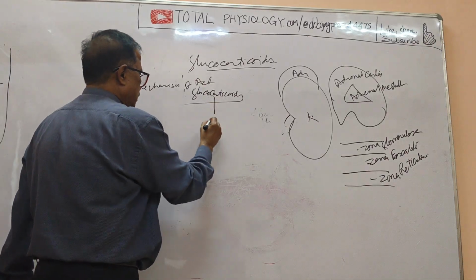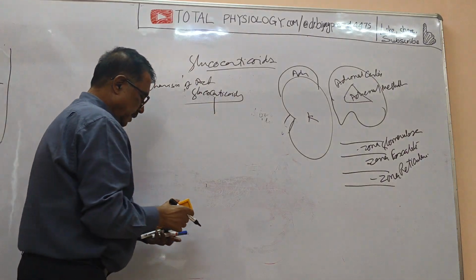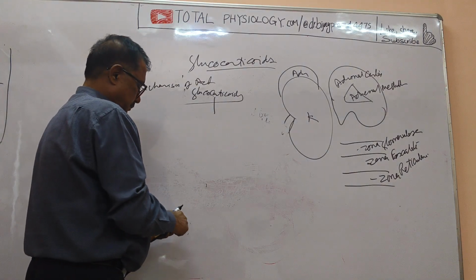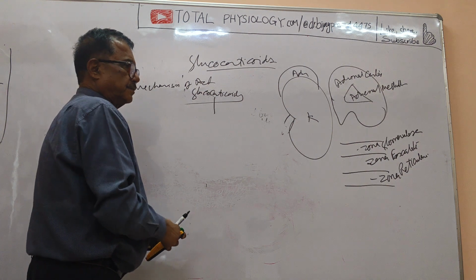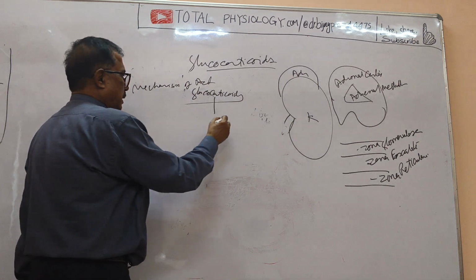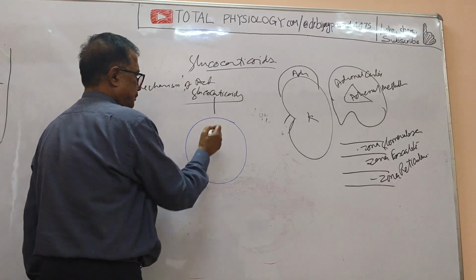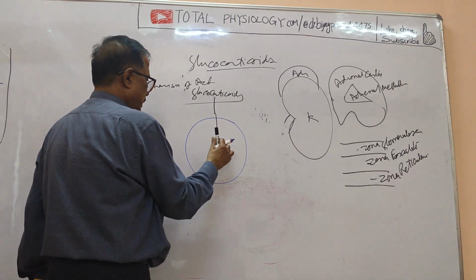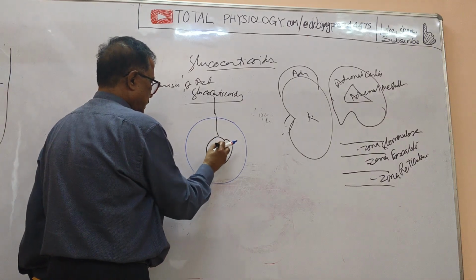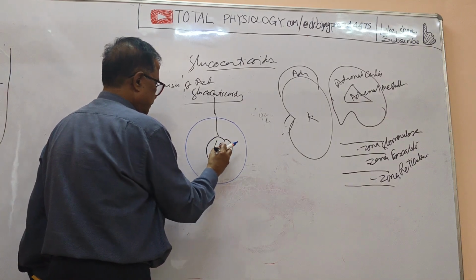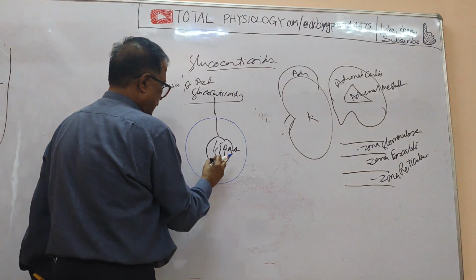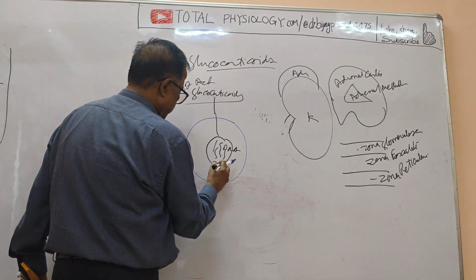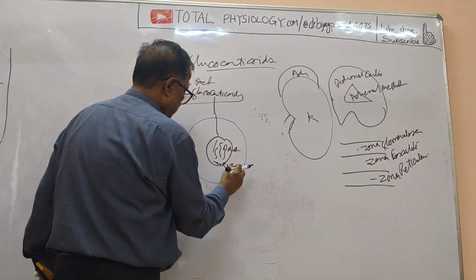Glucocorticoids, being steroid hormones, enter the cell directly and go to the nucleus, where they act on DNA, causing formation of mRNA, messenger RNA.